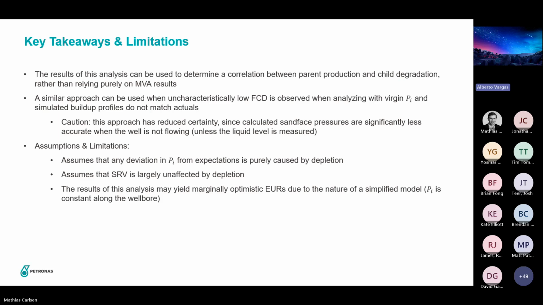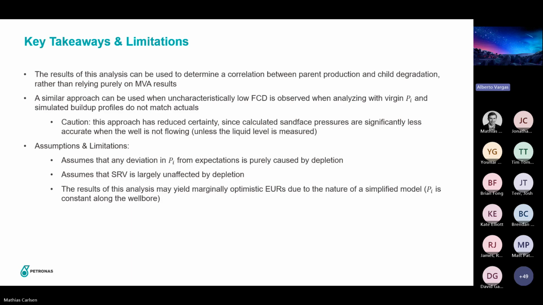And I want to note a very similar approach can be made, which was illustrated today with the auto forecast or the auto LFP fitting stuff that was presented, where when you see wells with uncharacteristically high FCD, that can also be a very clear indication that you have some depletion. Along with that, typically you see buildup profiles that don't match history.